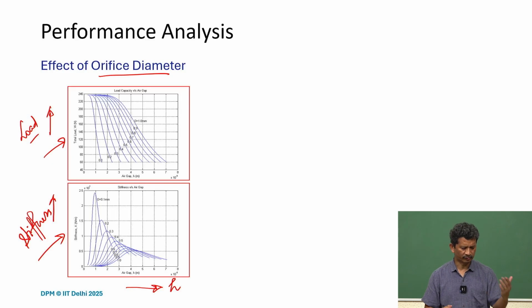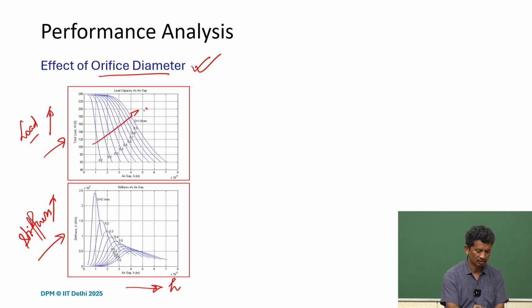Then we can calculate the load capacity once we have the pressure distribution, and differentiate with respect to H to get the stiffness. So that's how we plotted it. And here we change the orifice diameter. From here, you can see D is changing from 0.1 to 1 millimeter, and we see what the effect is.